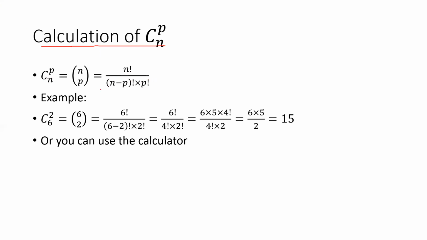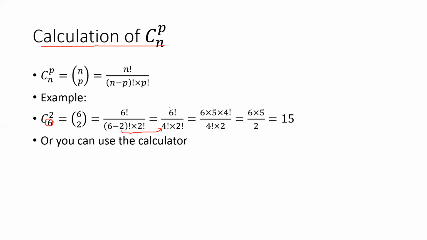Of course we can use the calculator. 6 choose 2 is 6 factorial over 6 minus 2, which is 4 factorial, times 2 factorial.